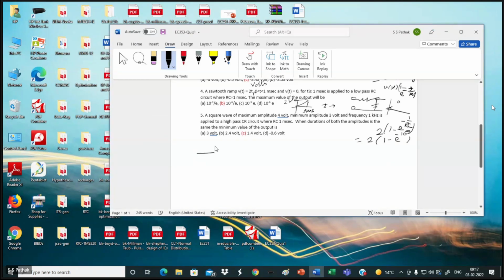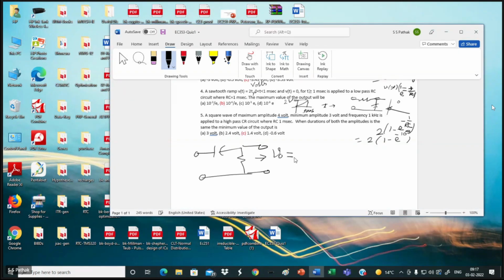See, I have given you the result for this. I have derived for the high pass case. Okay? It is this. Voltage across R, this voltage V naught. The question is different, the question is the other one.